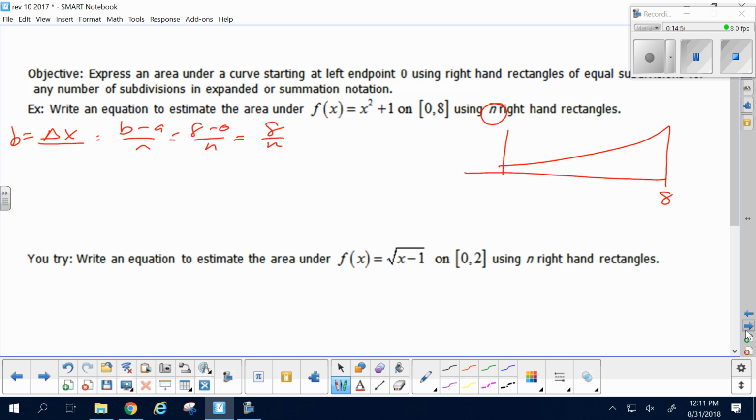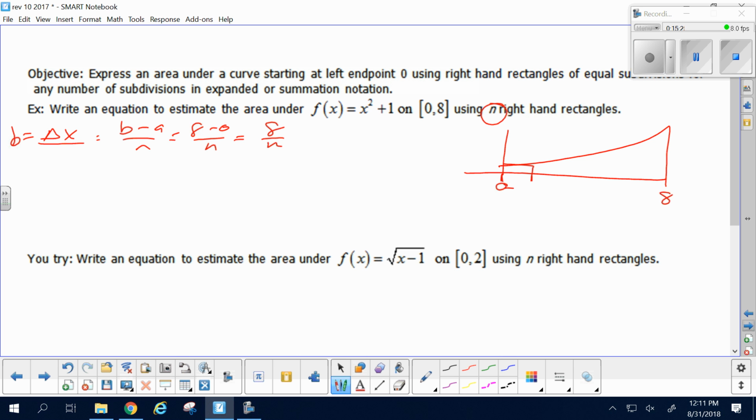All right. The first height, if I use left hand, oh, right hand, excuse me. If I use right hand, then what's the first x I put into the function to get my height? Okay, where am I starting? 0.